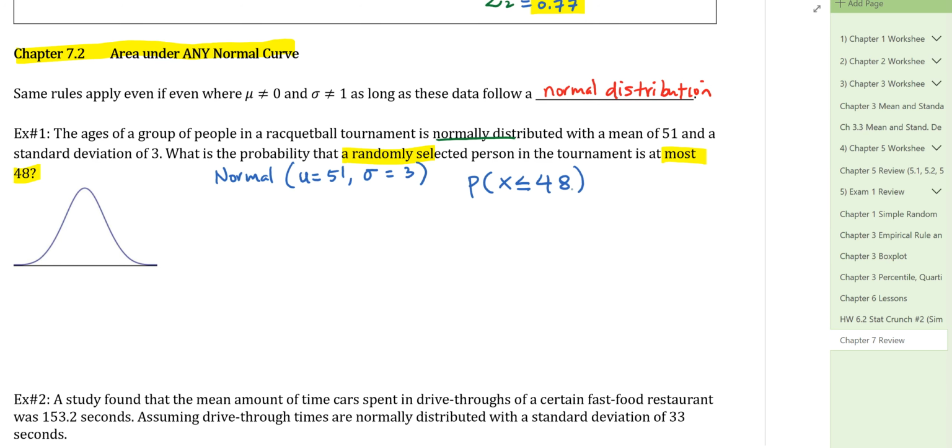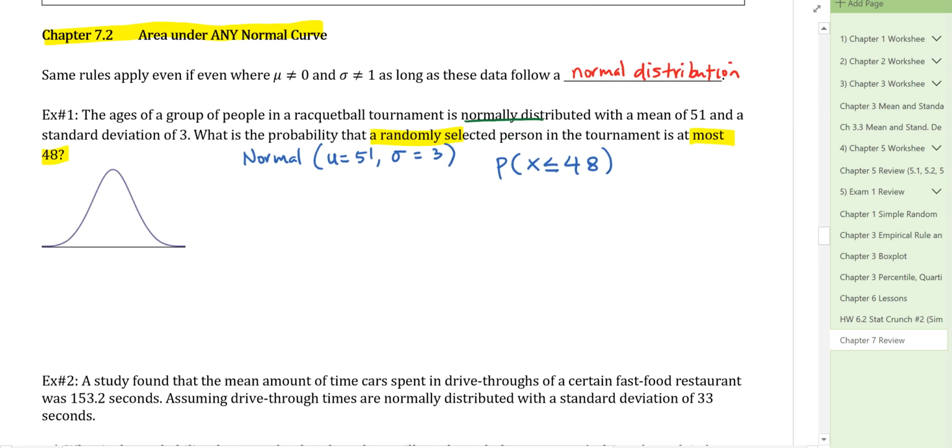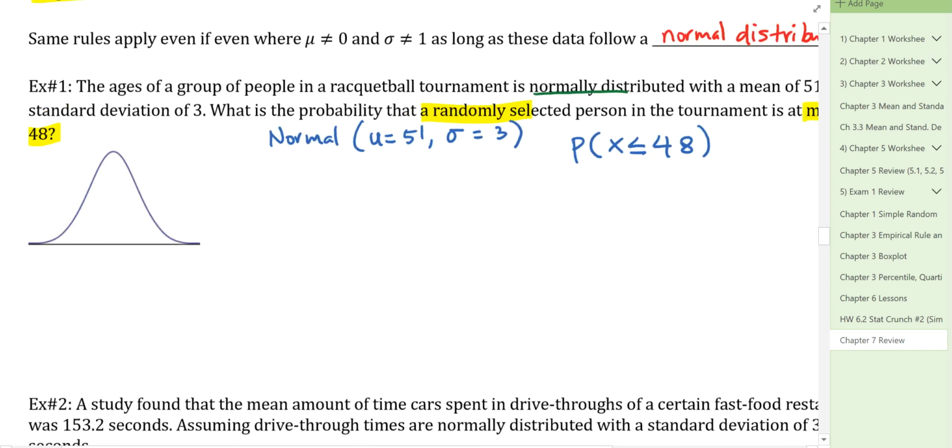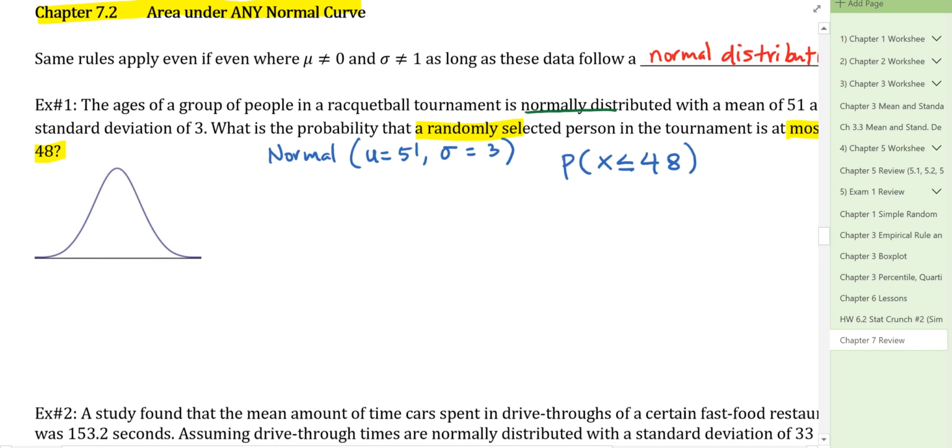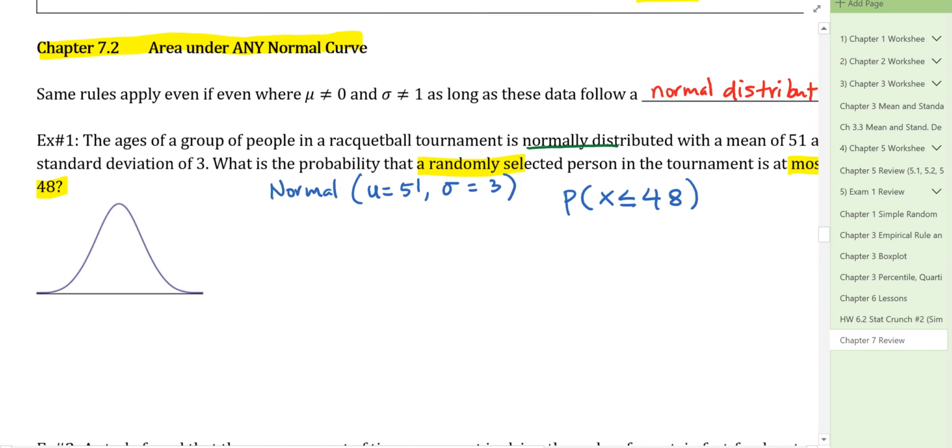So let me put on my picture here. Let me zoom in a little bit. With a mean of 51, I'm going to draw X first. This X is a score; I'm not converting to Z yet, just X. The mean is 51, and a standard deviation of 3 means I add 3 to go up one, or subtract 3 to go down one.